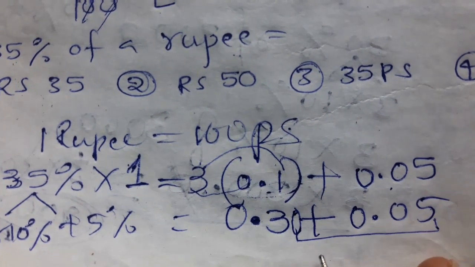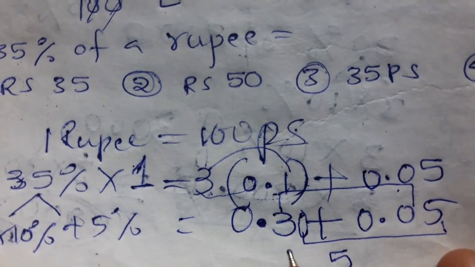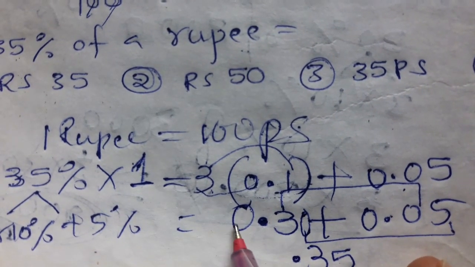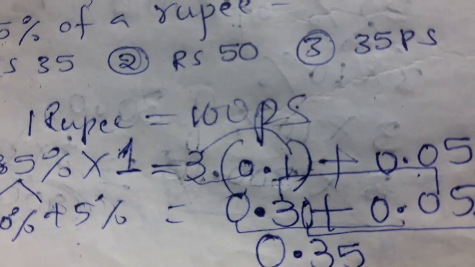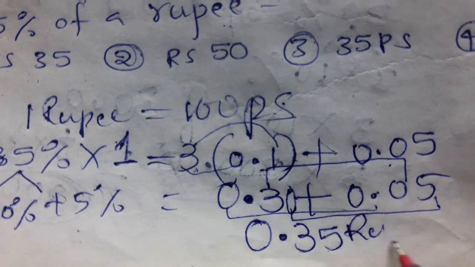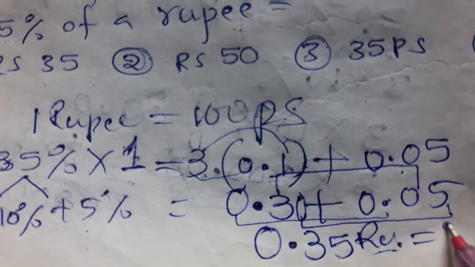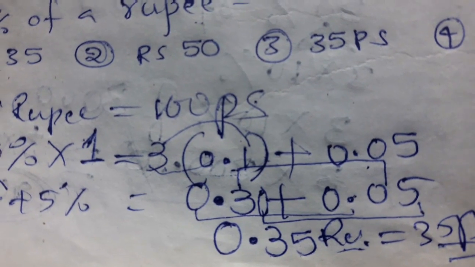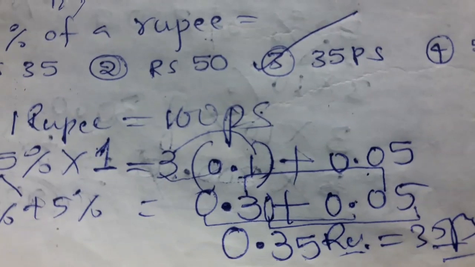So 0 plus 5 means 5. Next 3 plus 0 is 3. Put a decimal point. Yes, before the decimal point 0 plus 0 is 0. So it is in rupees, but this can be converted. How much do we get? 35 paise. Conversion into paise, 35 paise. That means option number 3 is the right answer of the given question.